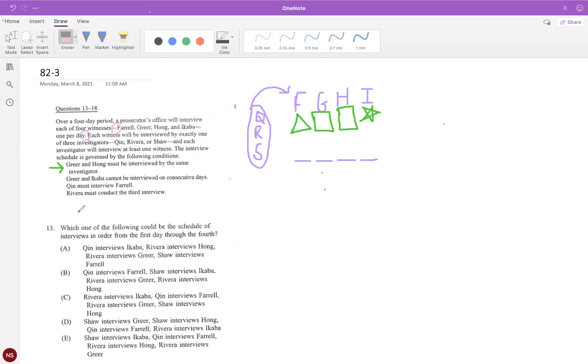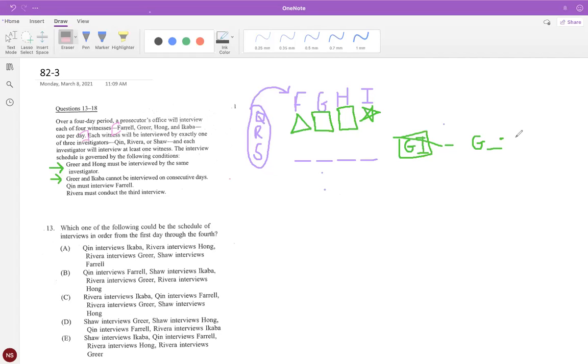Cool. Okay, so G and I cannot be interviewed on consecutive days. So how did you draw this one? I put G I and then a slash through it, like this. Awesome. You can write this really positively too, that there just has to be at least one.